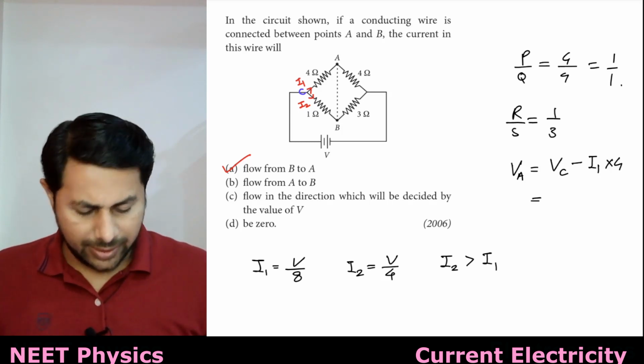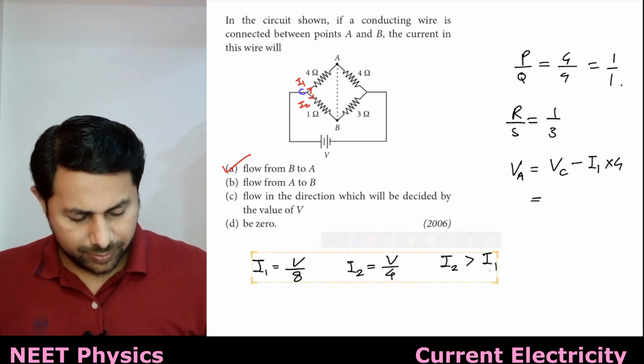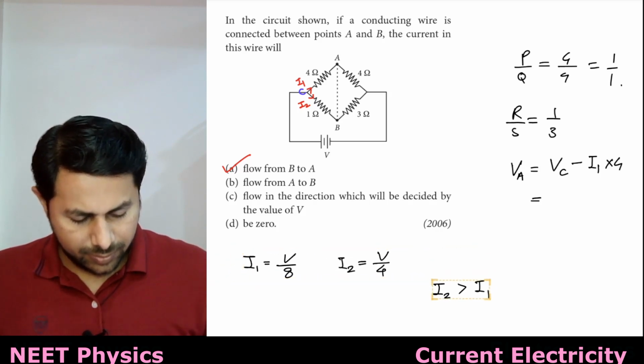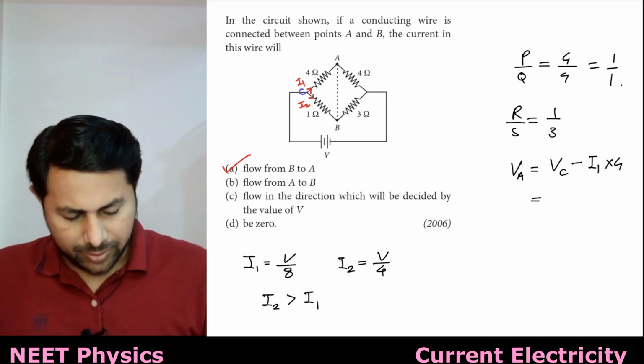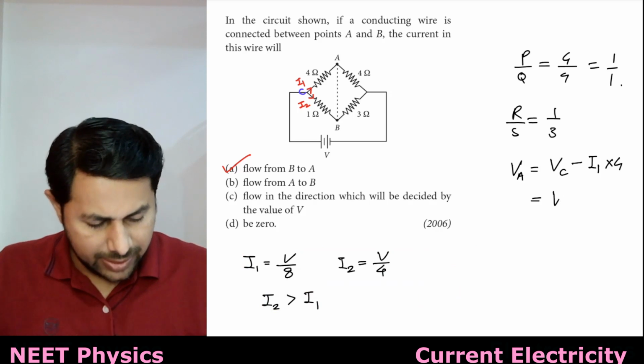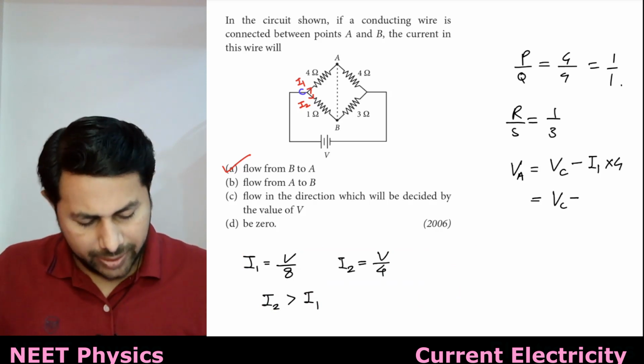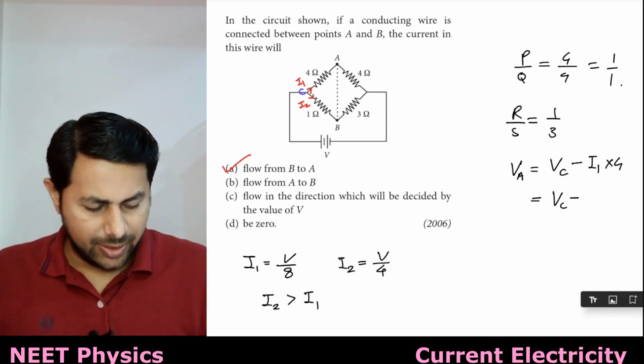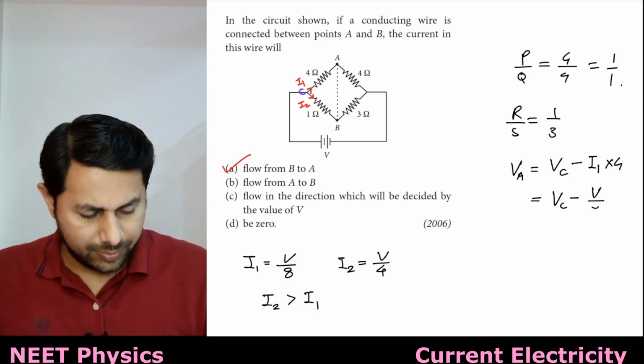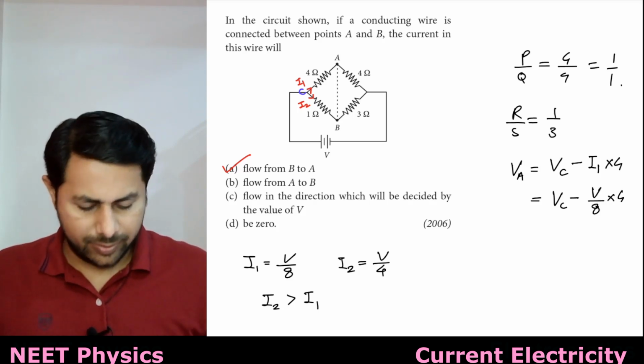Okay, so that is equal to Vc minus, what is I1? So I1 is V by 8, V by 8 times 4. Okay, so what's that? This is V by 2.